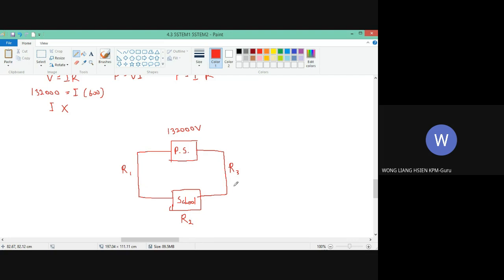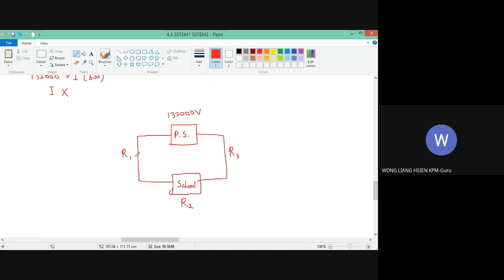I hope you still remember what we learned in series circuits: the voltage that each resistance gets, V1 plus V2 plus V3, is equal to the total voltage.